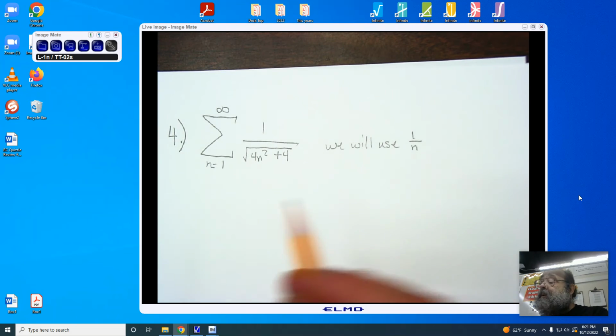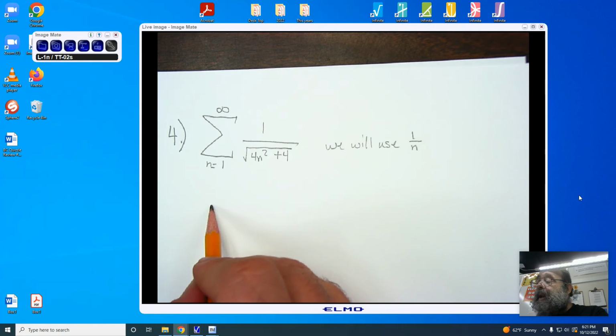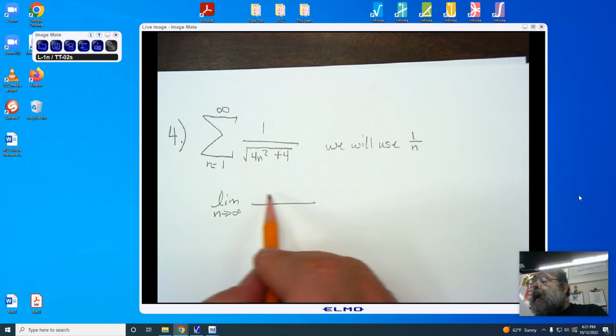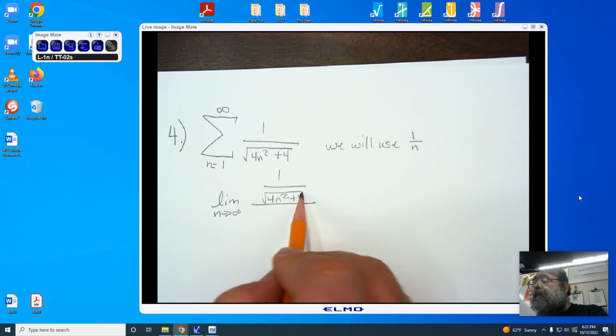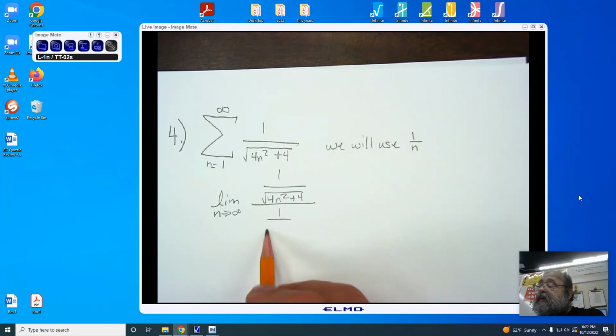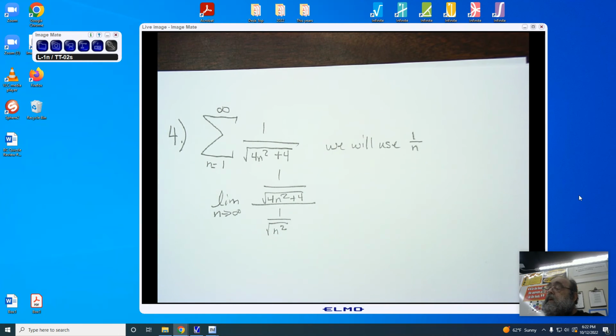If I'm using this, I'm now going to want to construct my limit. The limit as n approaches infinity, and I'm going to put 1 over the square root of 4n squared plus 4. But please be patient here, because if I just use 1 over n, I'm going to get n over the square root of 4n squared plus 4, which means that I'm either going to want to talk about it in terms of 1 over the square root of n squared, or perhaps do a little extra work.